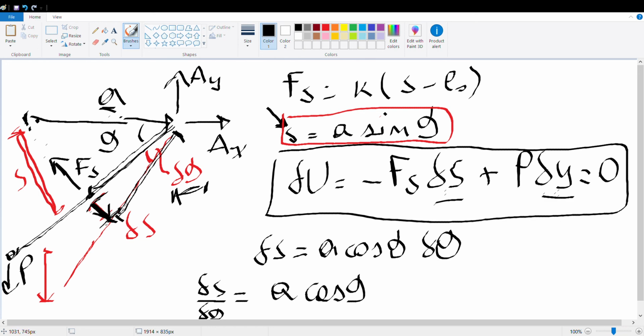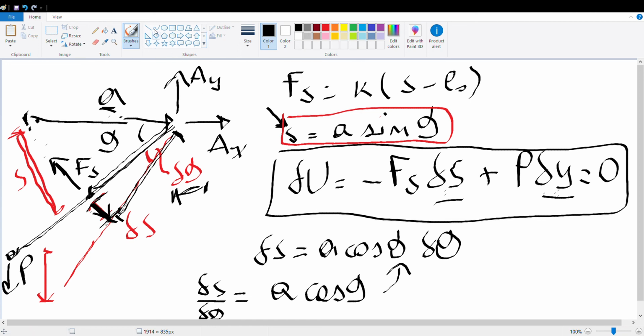So now I have delta s over delta theta is equal to a cosine of theta, which is basically the exact same thing I got from the geometrical consideration.